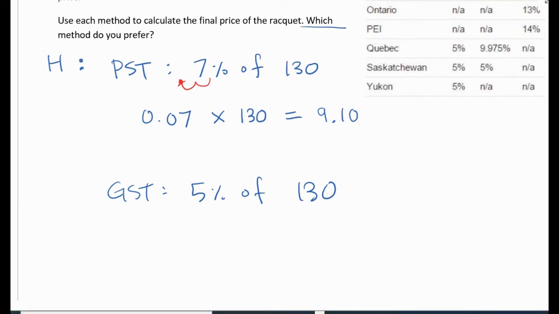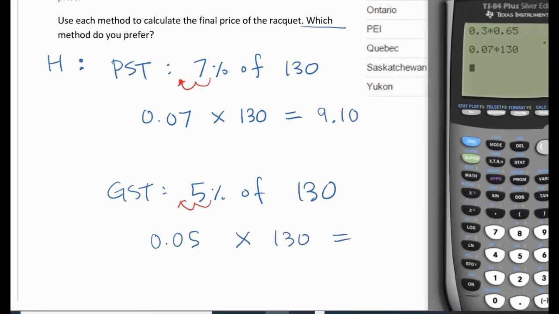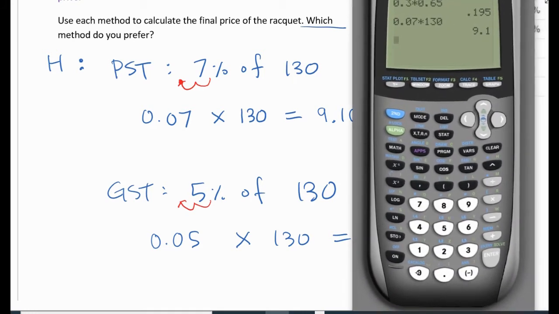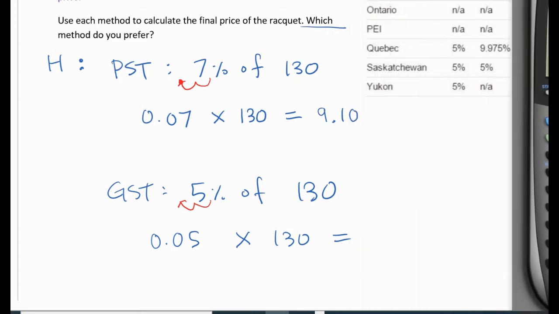And let's calculate GST, 5%. Let's move 2 decimal places. And that is 0.05. 0.05 of, multiplication, 130. So let's calculate it. So 0.05 times 130, that is 6.5.